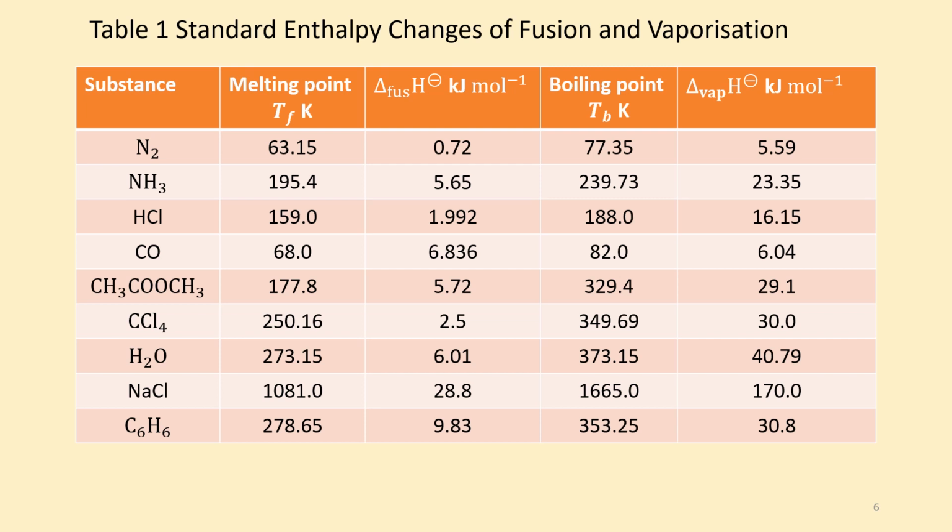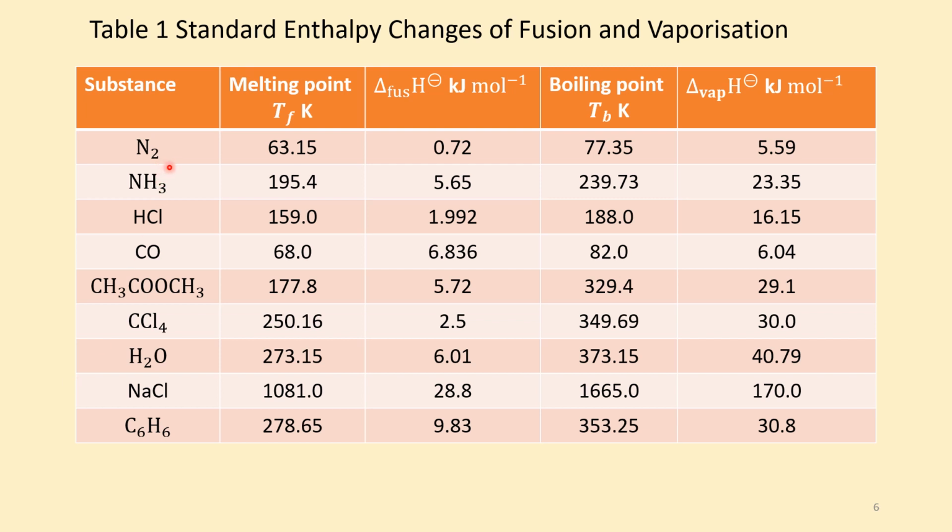The standard enthalpy changes of fusion and vaporization are shown in table number 1, and the respective melting point Tf and the boiling point Tb of the elements and compounds are also shown. Take for example the case of N2, that is nitrogen.